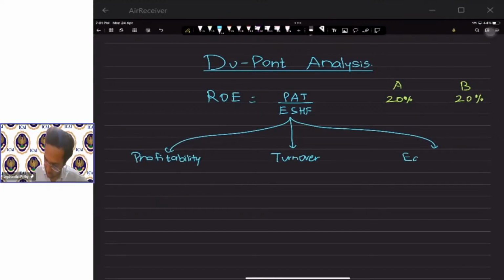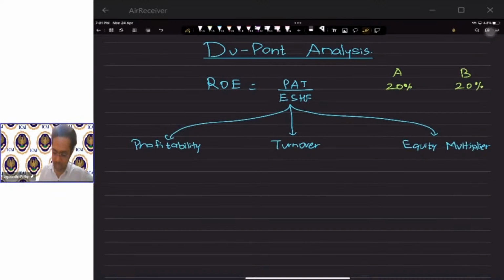And third is the equity multiplier ratio. Profitability ratio, turnover ratio, and equity multiplier. Now, we can actually break this return on equity into three other ratios.